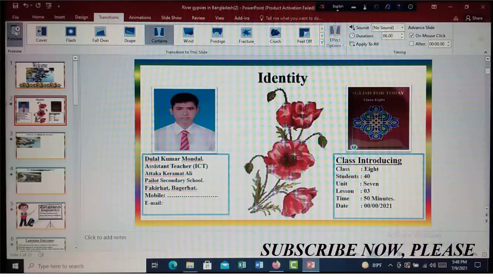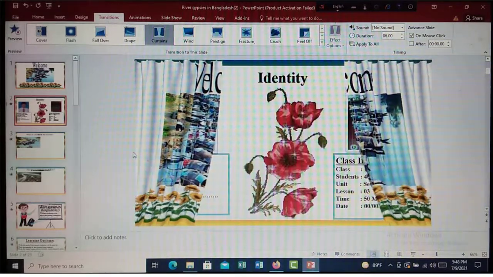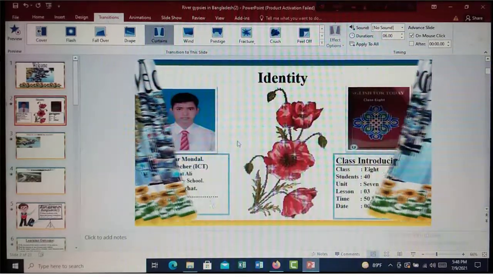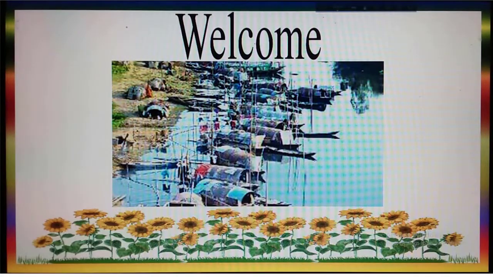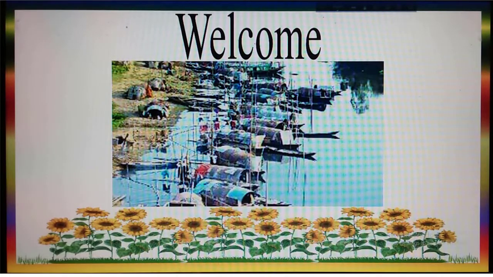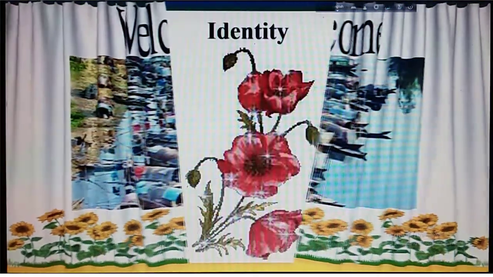Now click on preview and see, it is showing on the first slide. Now if you want to see it again, press F5 button from the keyboard and later press down arrow from the keyboard to see the transition.